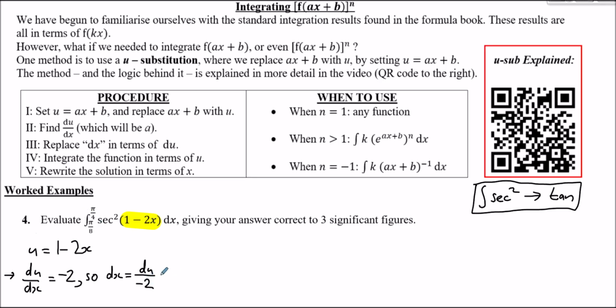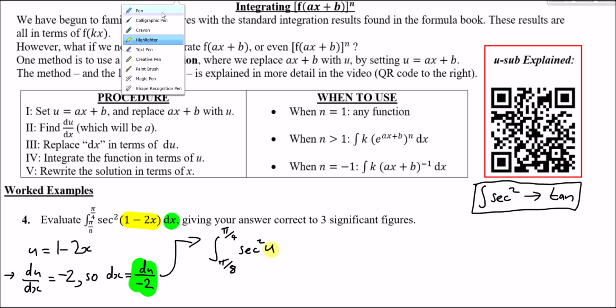And so this now becomes the integral from pi over 4 to pi over 8 of sec squared u, and then du, we can put in to replace dx. Our dx we can now say is the same as du over minus 2.